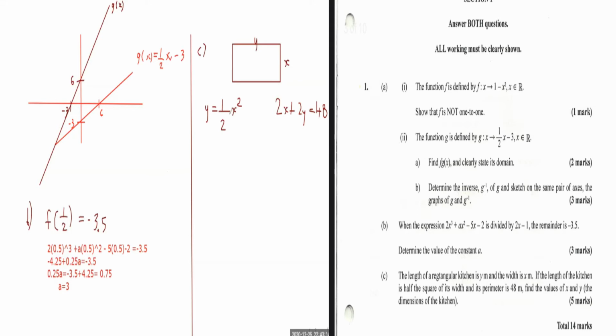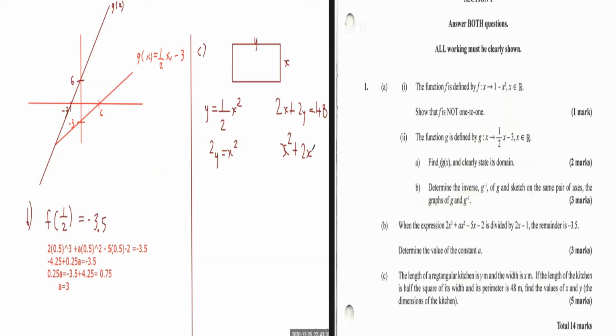So if y is equal to a half x squared, if I multiply through by 2, I can say that 2y is equal to x squared. Now, if 2y is x squared, I can substitute for 2y here as x squared. So what I'm getting is x squared plus 2x is equal to 48.